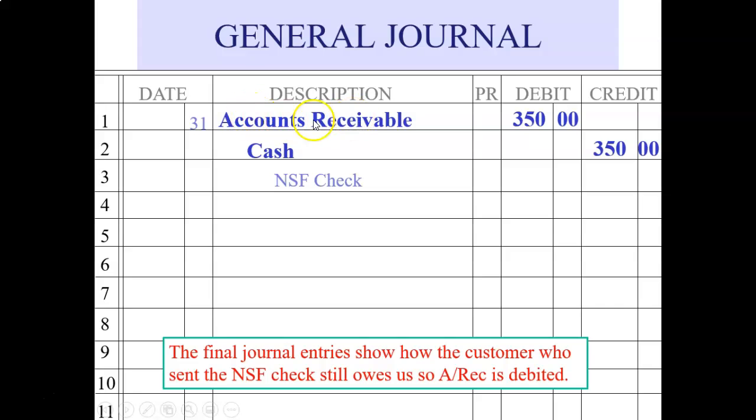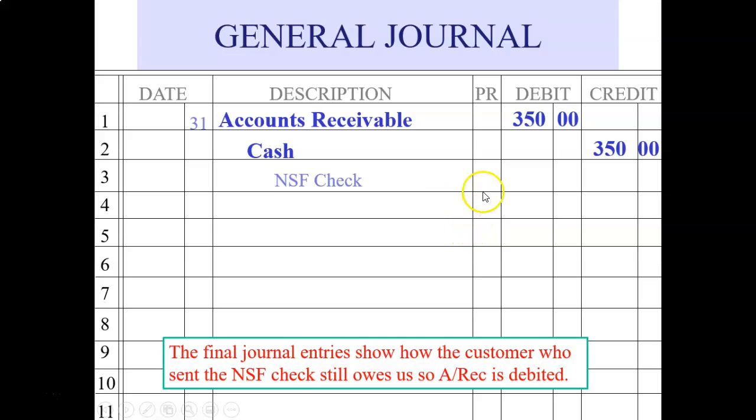So we're going to debit accounts receivable for the $350, and now we'll start trying to call that customer, trying to send statements. If we have to, we'll send this to collections. We hopefully get a hold of the customer, and maybe they just had some kind of issue and they are going to pay us, okay?